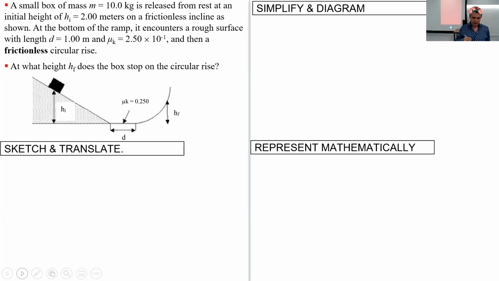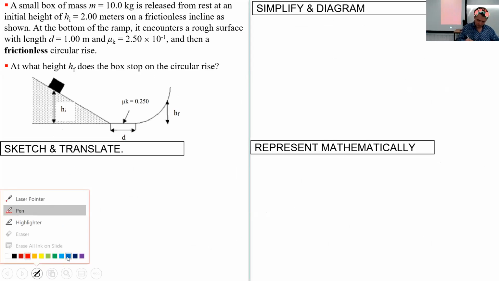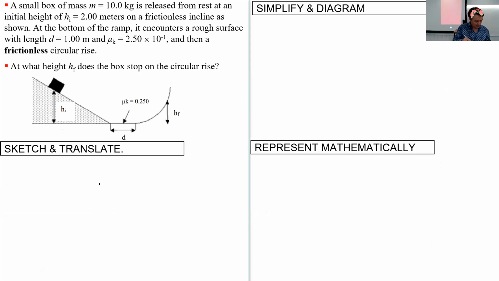Okay, let me do an example. A small box of mass equals 10 kilograms. So let's write this down. Here are your knowns: m is equal to 10 kg. It is released from rest at an initial height of h_i equals 2 meters on a frictionless incline as shown.